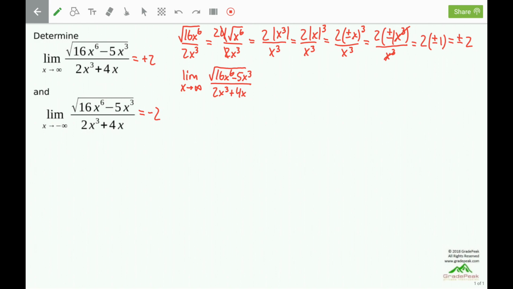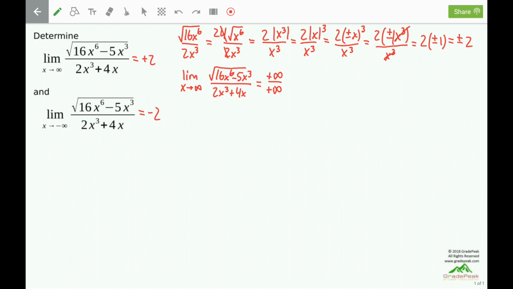Only the highest power term in the numerator and denominator will matter here. In the numerator, positive infinity to the 6 is positive infinity times 16, which will be positive infinity. The square root of positive infinity is positive infinity. In the denominator, positive infinity cubed is positive infinity times a 2, which will still be positive infinity. The result is positive infinity over positive infinity. We have the infinity over infinity indeterminate form here. We will need to rework this.